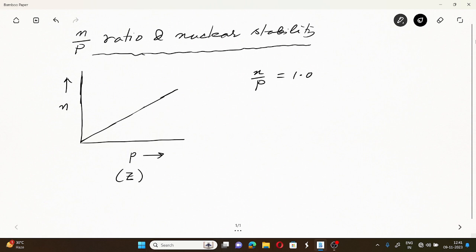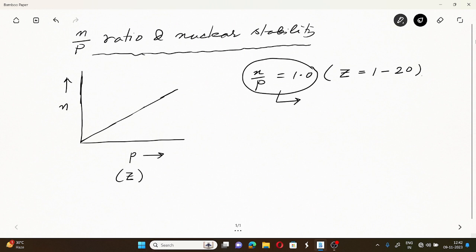Now it has been observed that atoms with Z from 1 to 20, more or less, if they have N by P ratio equals 1.0, indicate that such nuclei are stable.